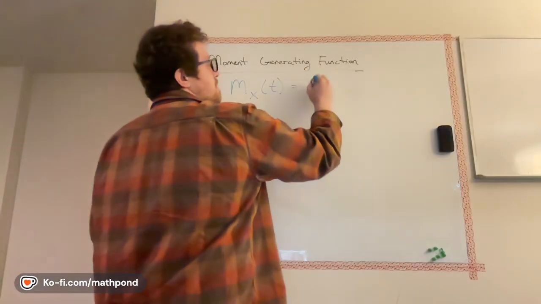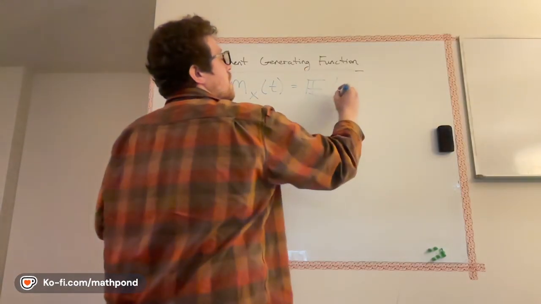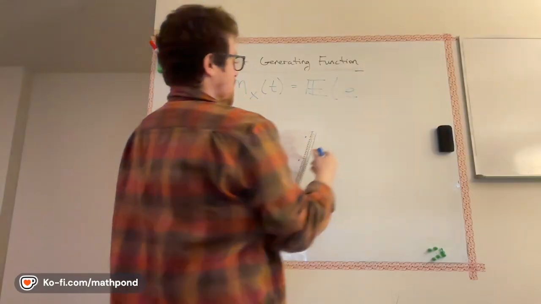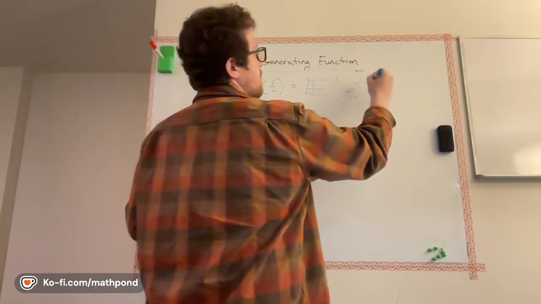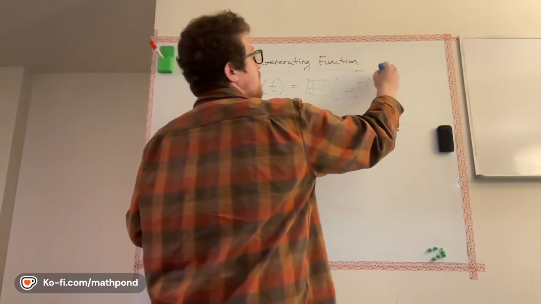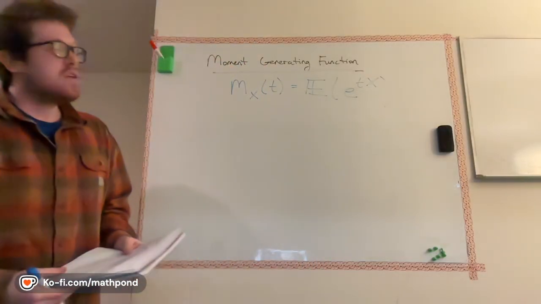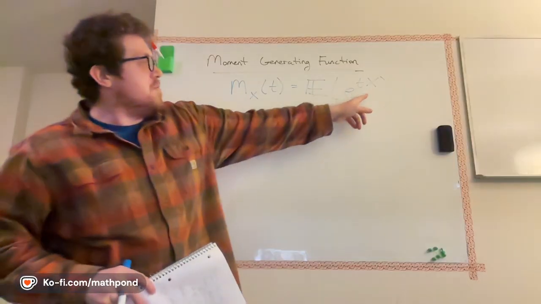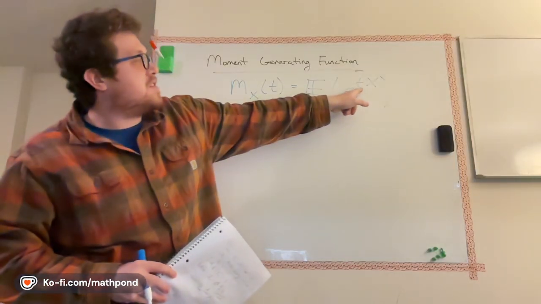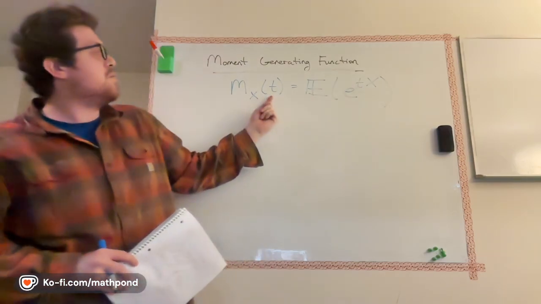It's the expected value of e to the power of our little variable t times the random variable. So X itself is random, so e to the power of tX, t is just some number, right? We just plug some number in here.